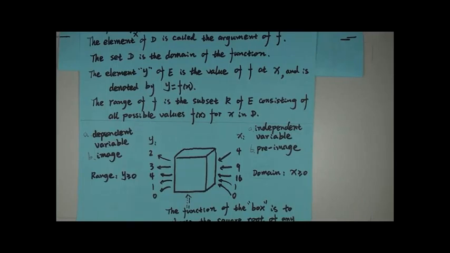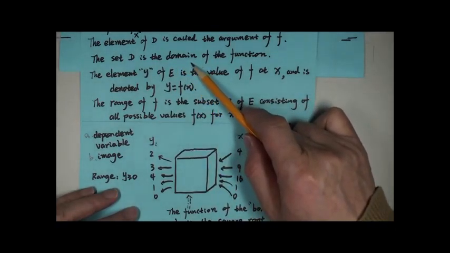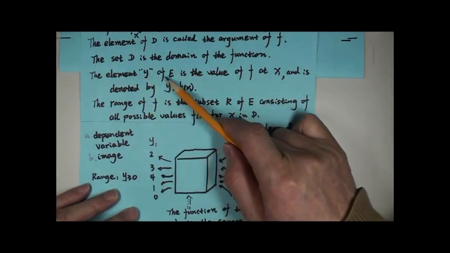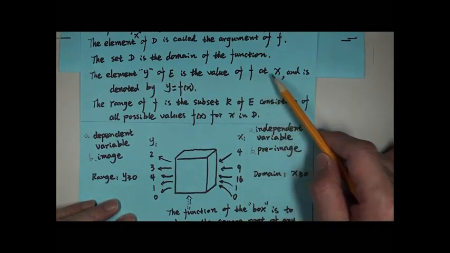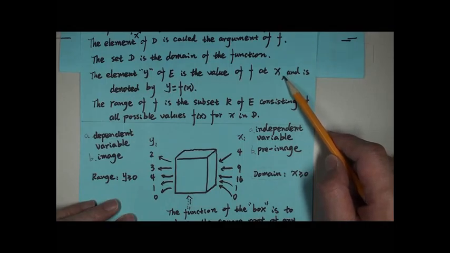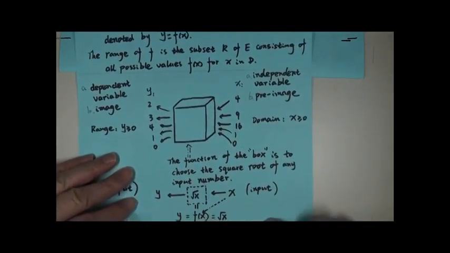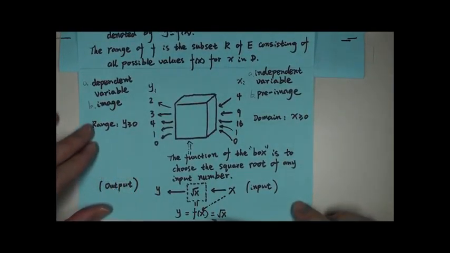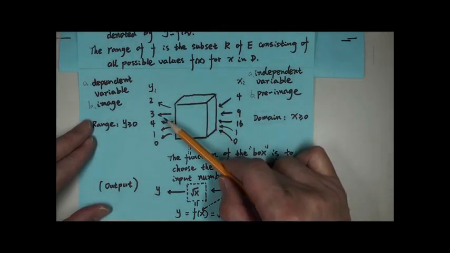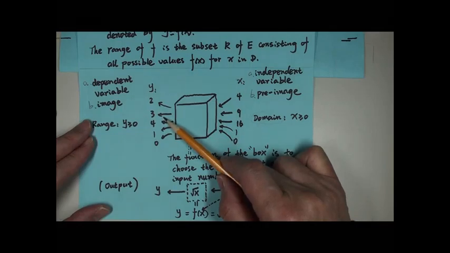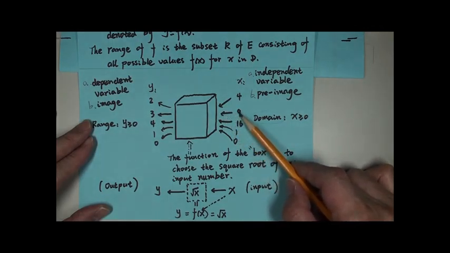Now, this is the domain. Then the element y of E is the value of f at x and is denoted by f of x. This is what we said here. So for this function, 3 is the value of f at x equals 9.